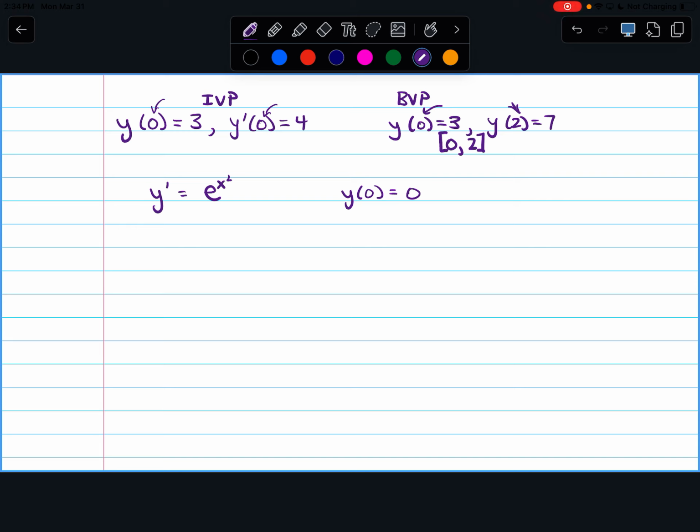You would have a hard time solving this, but what you could do is say y is equal to the integral of e to the t squared dt, just putting in a different variable, going from 0 to x. Then you have your solution. You've not been able to integrate that, but there is the solution right there.